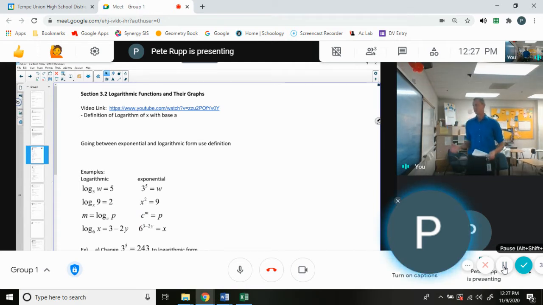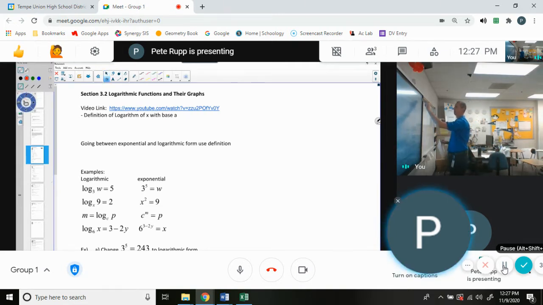Okay, so that video explained some of the relationship between logs and exponential functions. One of the relationships it tried to exemplify was log base a of x equals y has this relationship to exponentials.